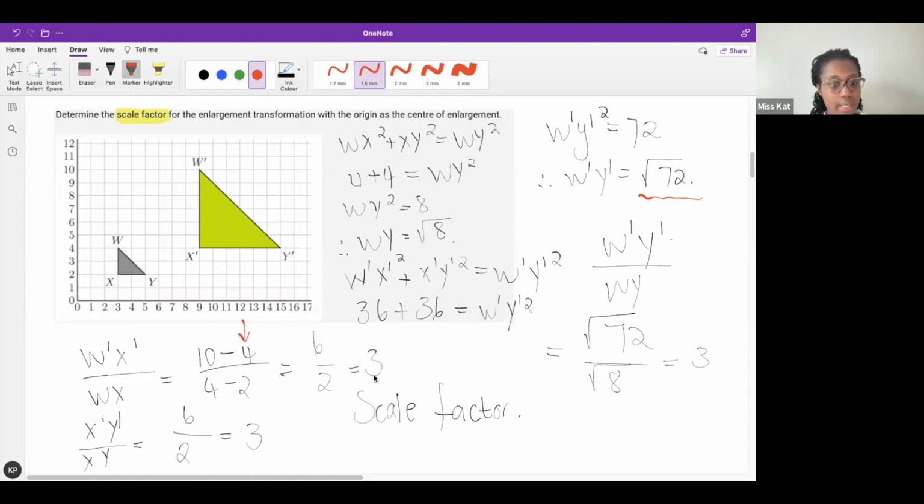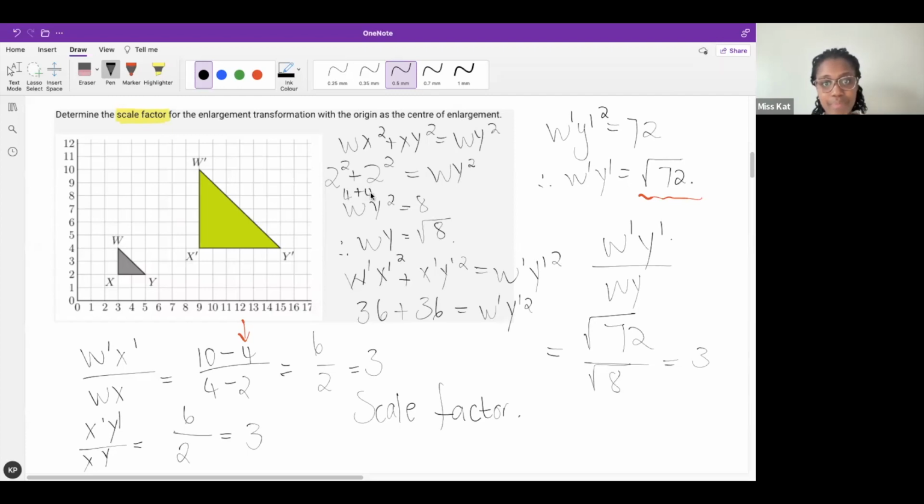Yes, ma'am, from 4 plus 4 equals wy squared. How long were the lengths of WX? How long is WX? Is it 2? For the original, they were 2. So what's 2 squared? 2 squared is 4, ma'am.